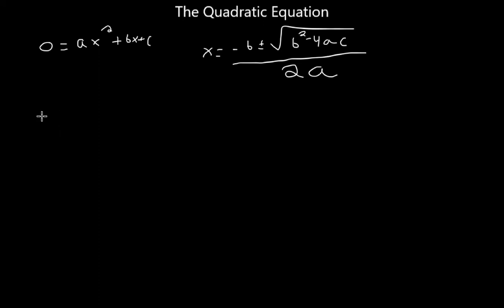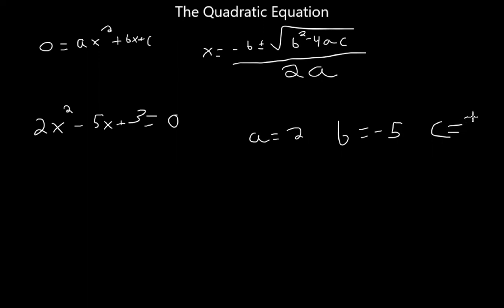We want to solve 2x squared minus 5x plus 3 is equal to 0. So here we have a is equal to 2, b is equal to negative 5, and c is equal to 3.